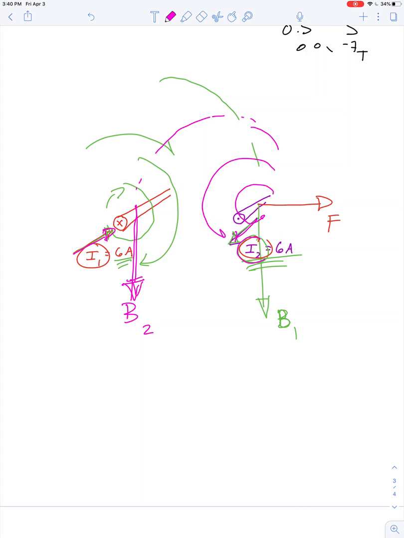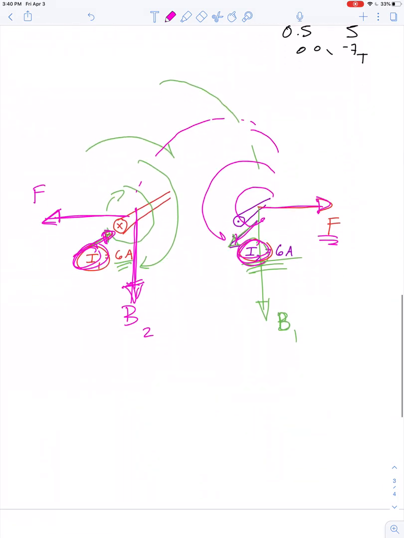So there's another right-hand rule in which you point your thumb into the page, you point your fingers downward, and then you see your palm is facing in this direction. So it just verifies what we found out a moment ago, that if wire number 1 pushes wire number 2 to the right, we say they're repelling, and so that means wire number 2 should be pushing wire number 1 to the left. So this is a force of repulsion between the two wires.